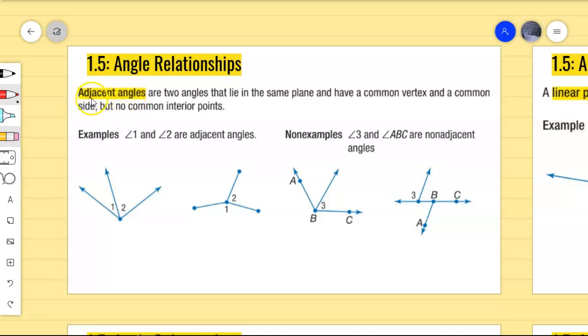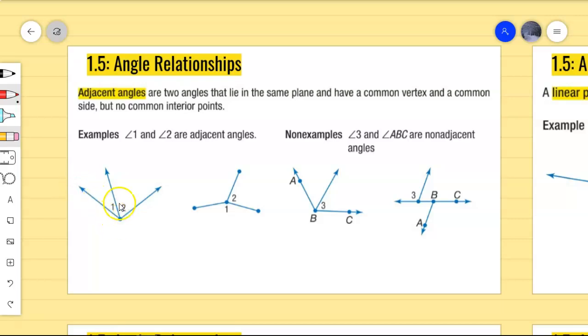First thing is adjacent angles. What are adjacent angles and what are not adjacent angles? Your book does a beautiful job of giving you examples and non-examples. An example of two adjacent angles is right over here.